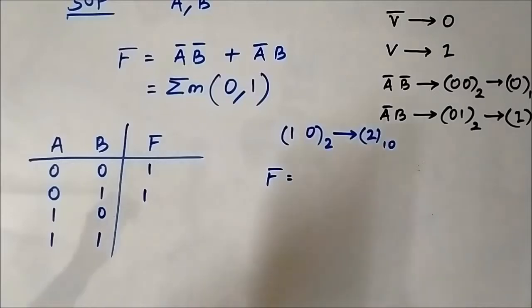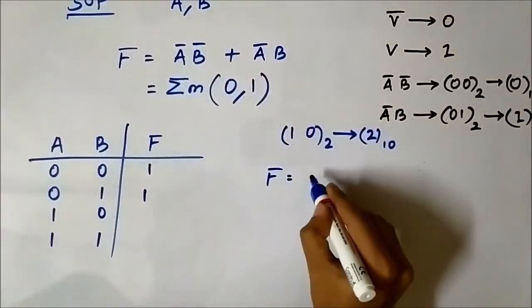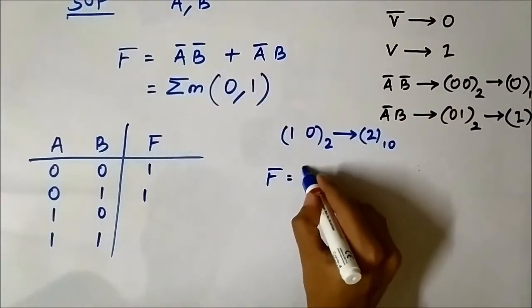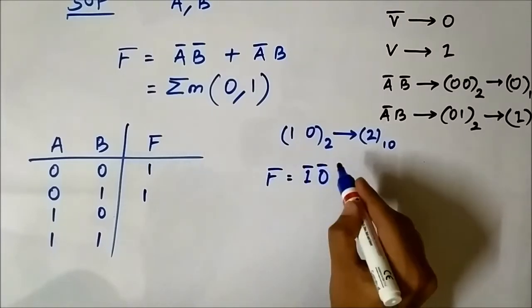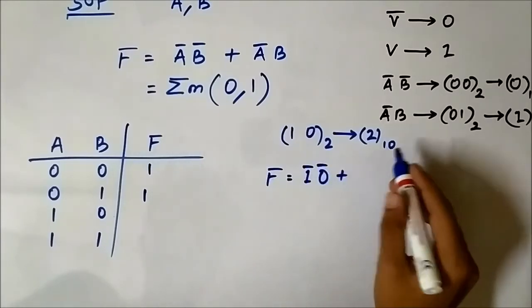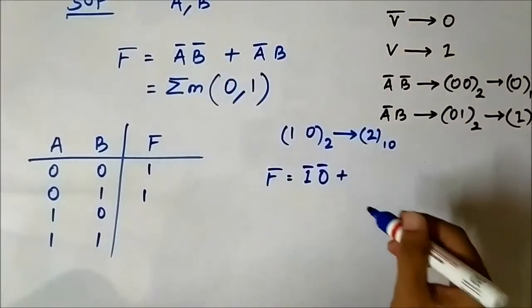So it will be 1 complement into 0 complement plus 1 complement into 0.